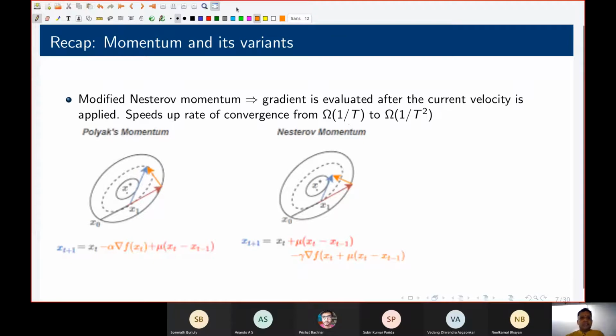So here you see in the Nesterov case, there's a gradient after velocity. And in the left-hand side, the Polyak case, the gradient is at the previous iterate, or rather the current iterate.